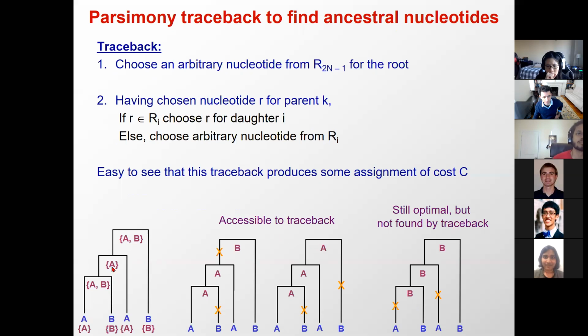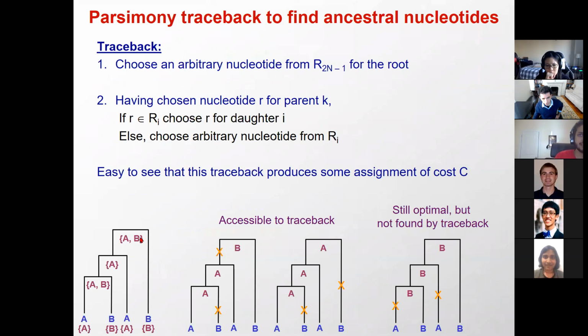If I have this kind of union intersection result, like we saw in the previous slide, I could resolve it by saying, well, either the ancestor is B, and then it changed into an A, and it stayed an A, and then it changed to a B here. So there was 1 substitution there, and then 1 substitution here. Here I went from B to A, and here I went from A to B.